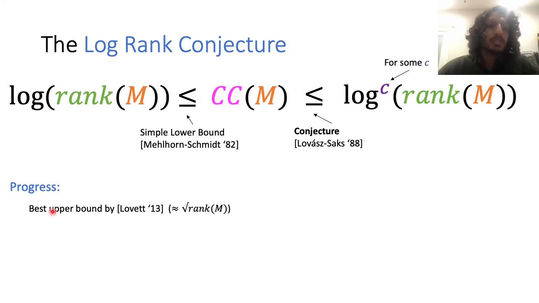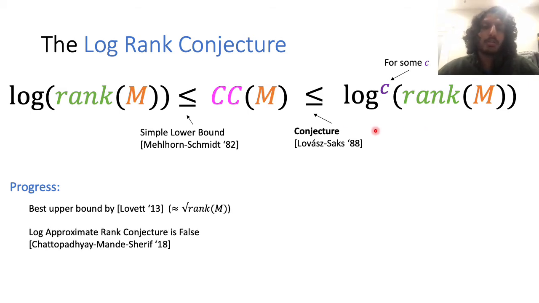There is some upper bound here. We're not able to get polylog rank of M, but Shachar Lovett showed that you can get an upper bound that is sort of exponential in the rank, and that's the best upper bound we know.